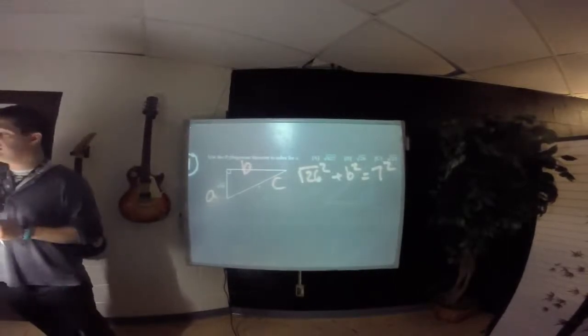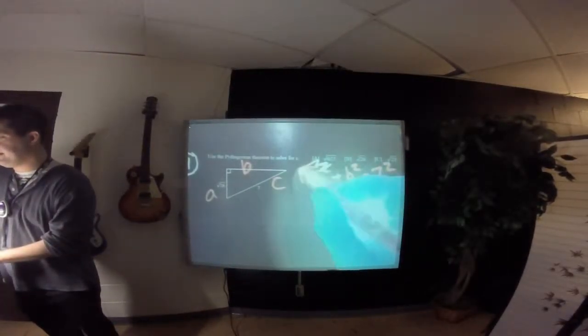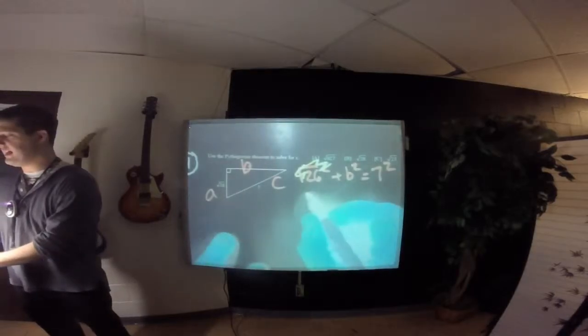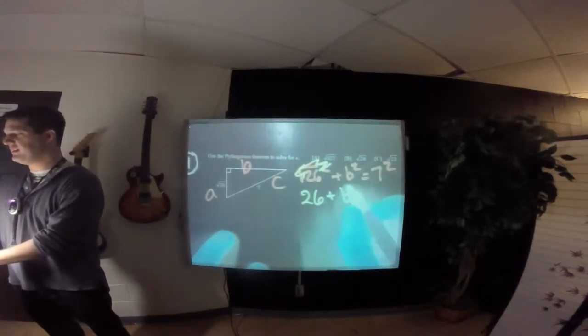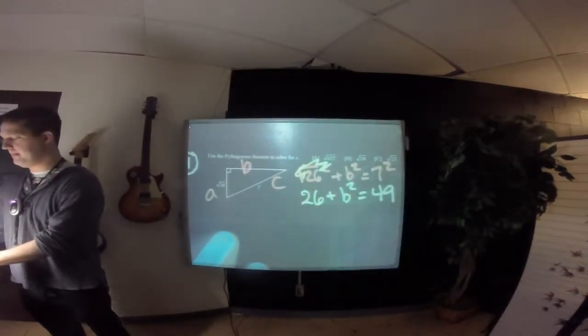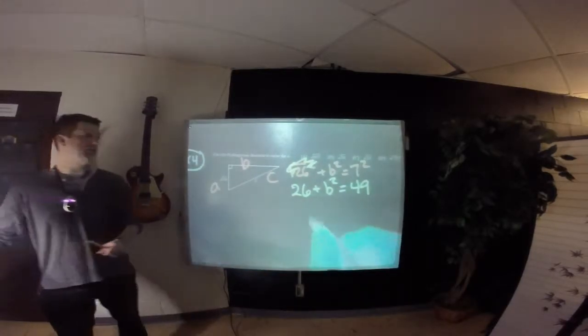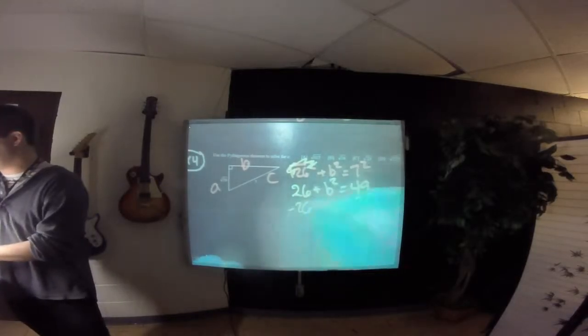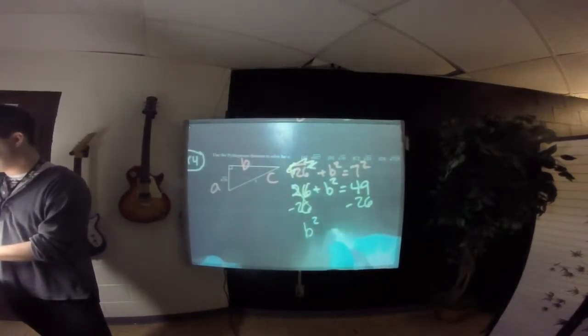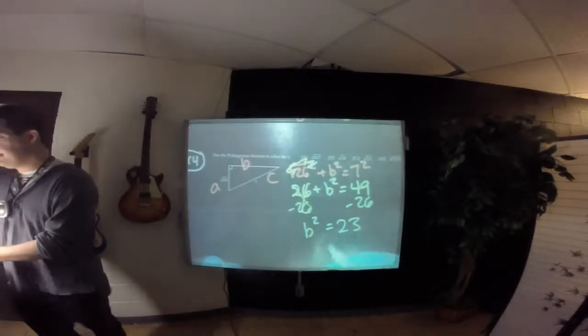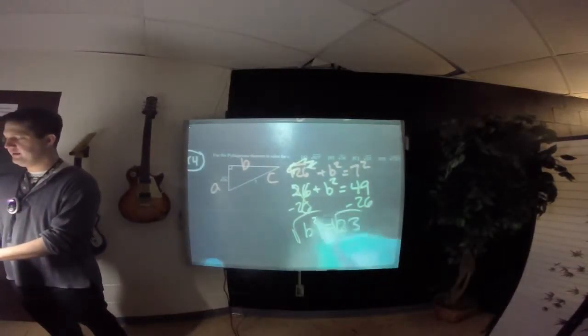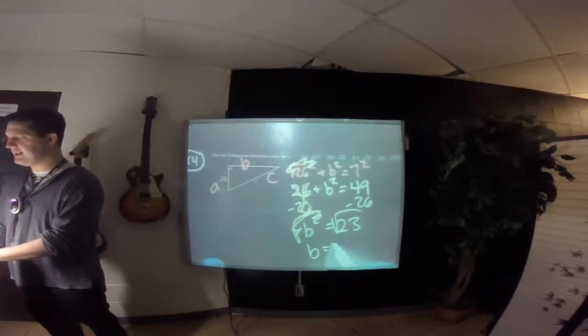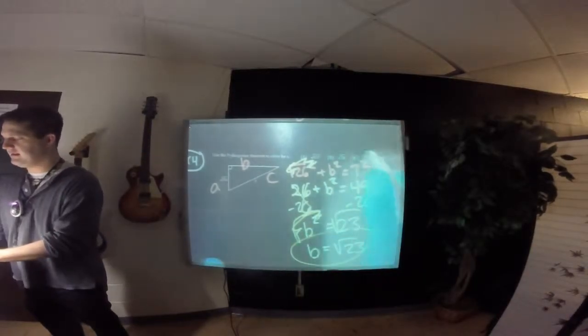Square roots and squares, what happens? Cancels out. So you just have 26 plus b squared is 49. Then what? Yep, subtract 26. That is going to bring you to b squared is 23. And we square root it. And you get b is square root of 23, which is c.